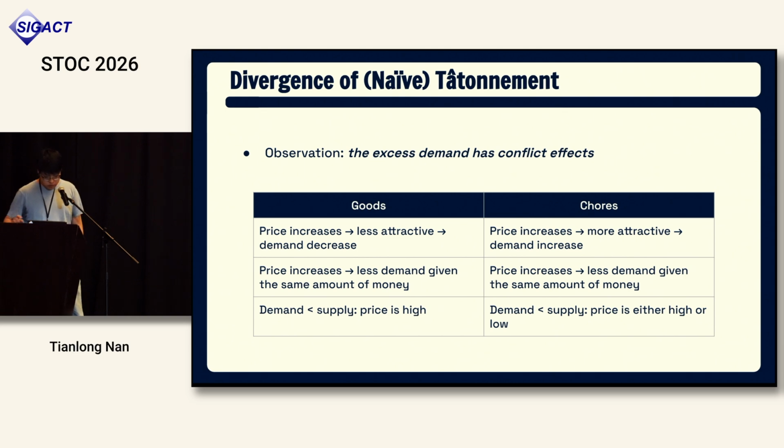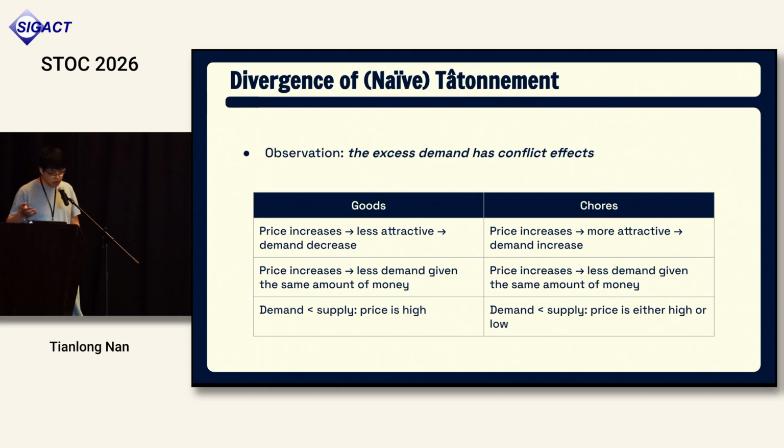Different from the goods case, the excess demand is just the demand from the agents minus the supply, and it has some conflicting effects. If you look at the goods case, for some good, if the price of the good increases, then on the one hand, the good becomes less attractive because it's more expensive, and the demand will tend to decrease.